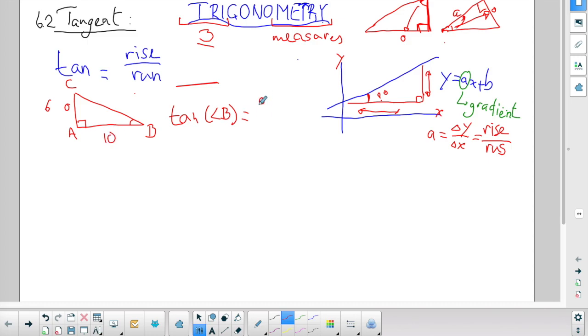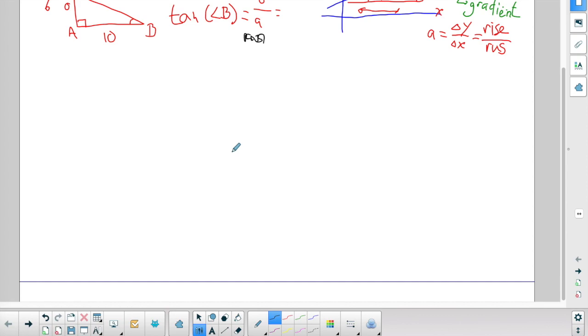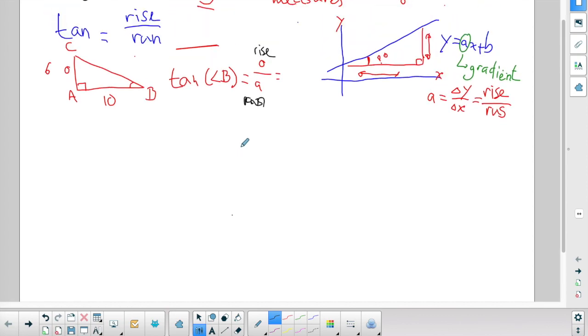So it's the opposite divided by my adjacent, or if you like, I can say it's my rise to my run, and in this case it is 6 divided by 10, which is 0.6.